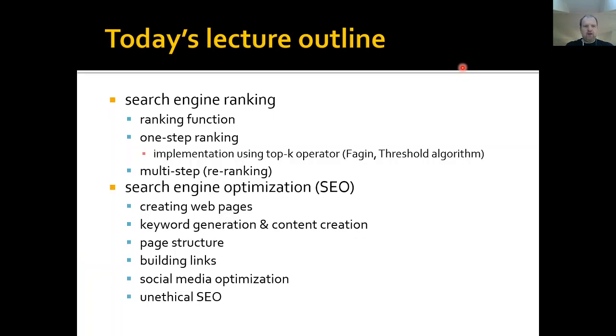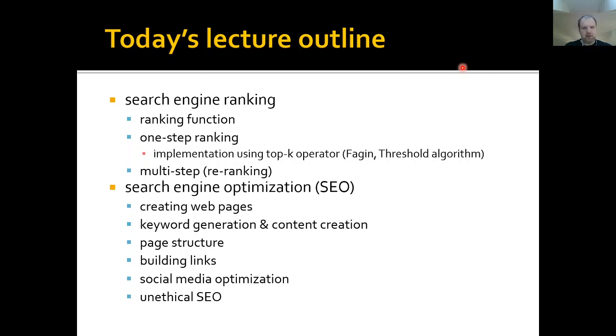The ranking, the first topic, the ranking from the side of the search engine, is based on, of course, a ranking function, because a ranking function is an aggregation function that takes the partial rankings coming out of the partial results that the system gives us, and then creates the final ranking.